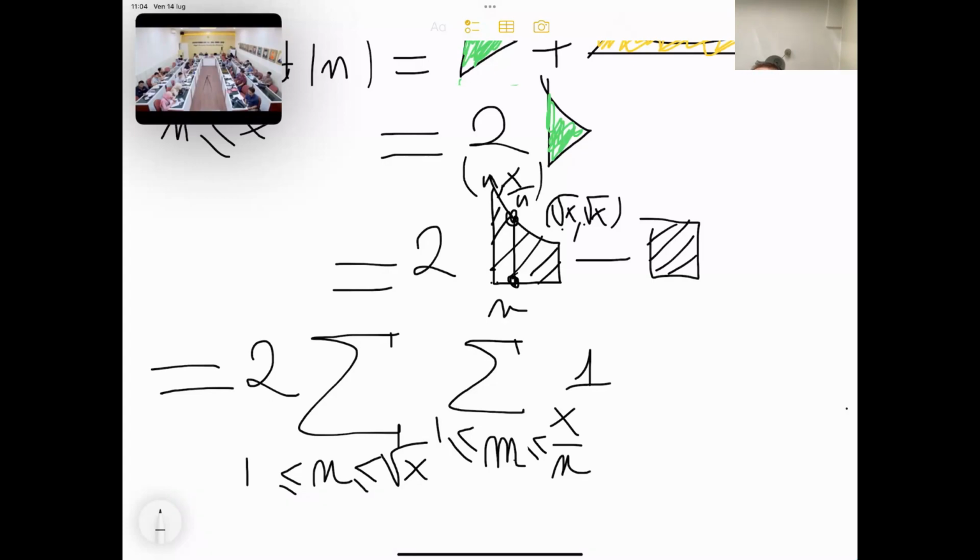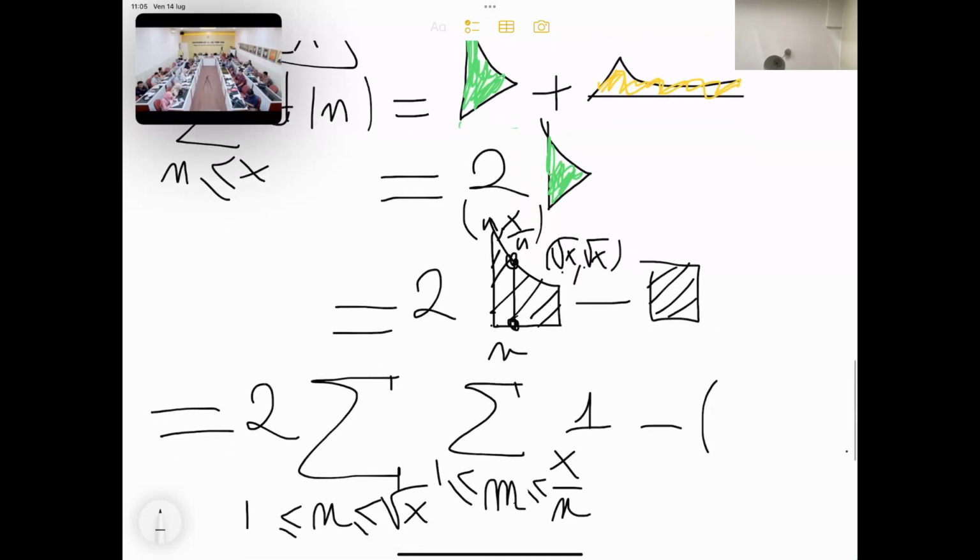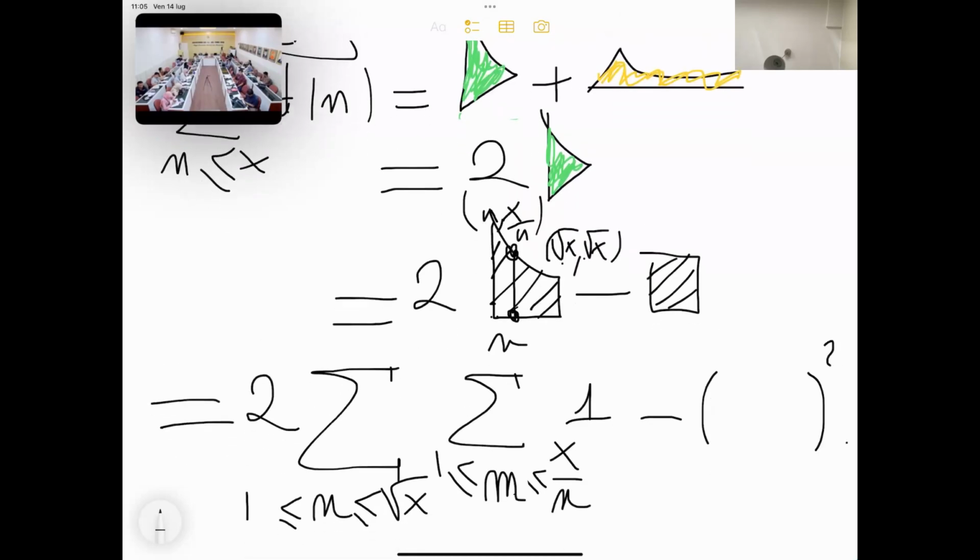Okay, so for each fixed n between 1 and square root of x, I have to count the number of integers on this vertical line. And then I have to subtract the points on the square. But the points on the square are simply something squared, and here there are going to be the integers between 1 and the square root of x.